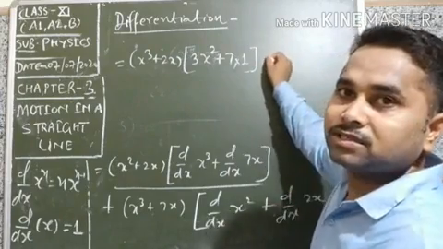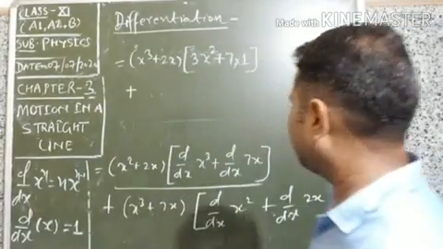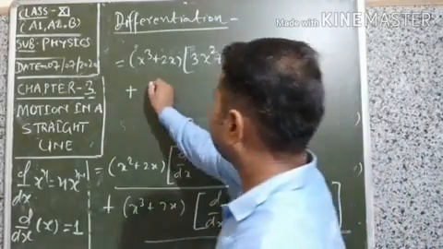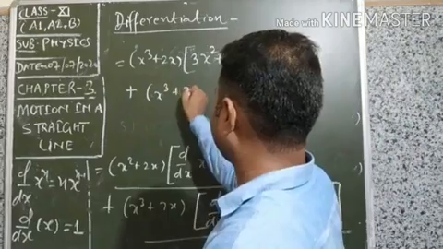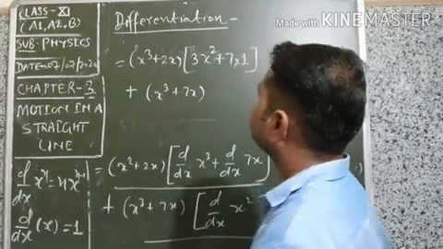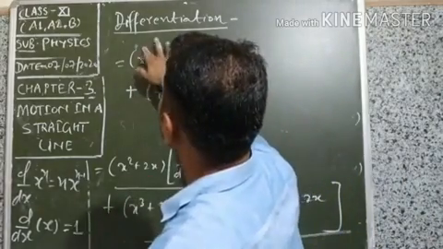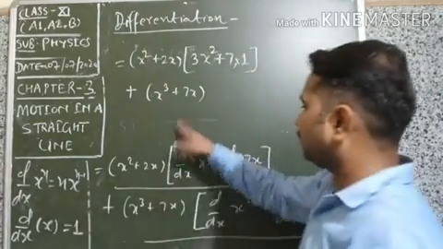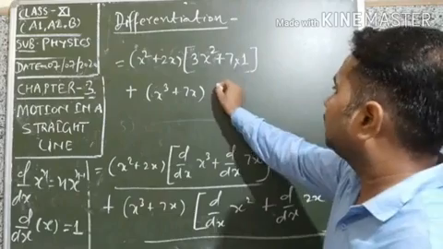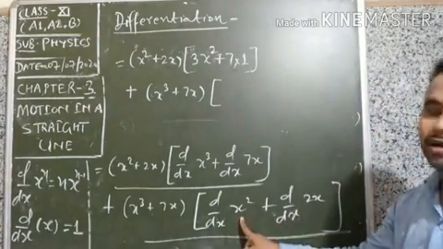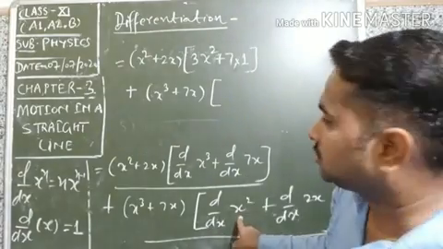Now plus, I am writing here plus, what about this term? First x cube plus 7x. यहाँ x square था. Now here x cube plus 7x multiplied by differentiation of x square. x square का differentiation करना है.